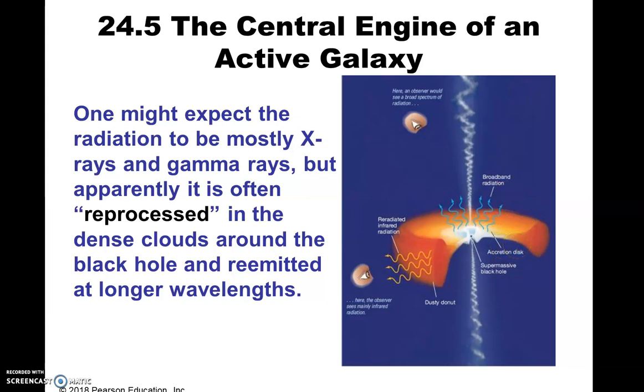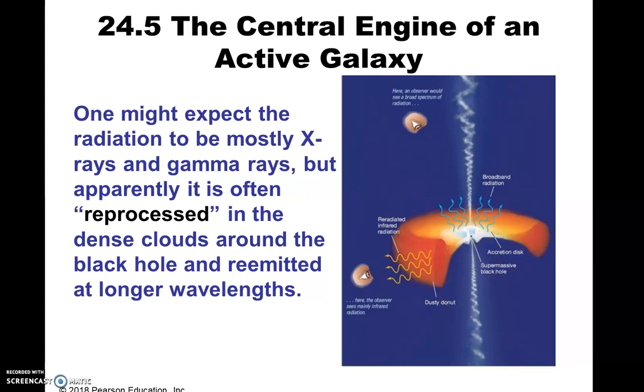This is just matter that's falling onto the accretion disk, but it forms a donut shape around it. The X-rays and gamma rays, which are created right at the accretion disk, get absorbed in this donut-like material.